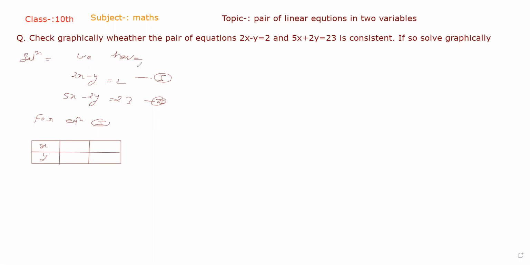Now, when you put x equals 1 in equation 1, 2x minus y equals 2, so 2 into 1 minus y equals 2, 2 minus y equals 2 and y equals 0. So at x equals 1, y equals 0. Similarly, when we put x equals 0, y equals minus 2. This is for equation 1.